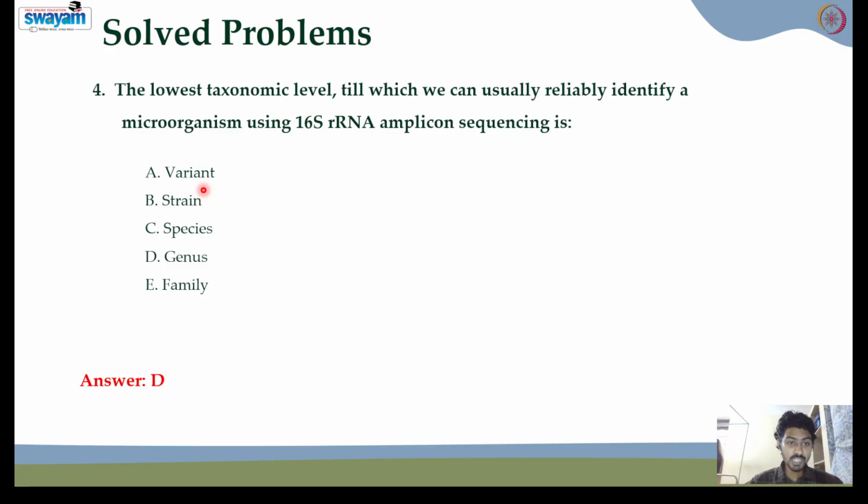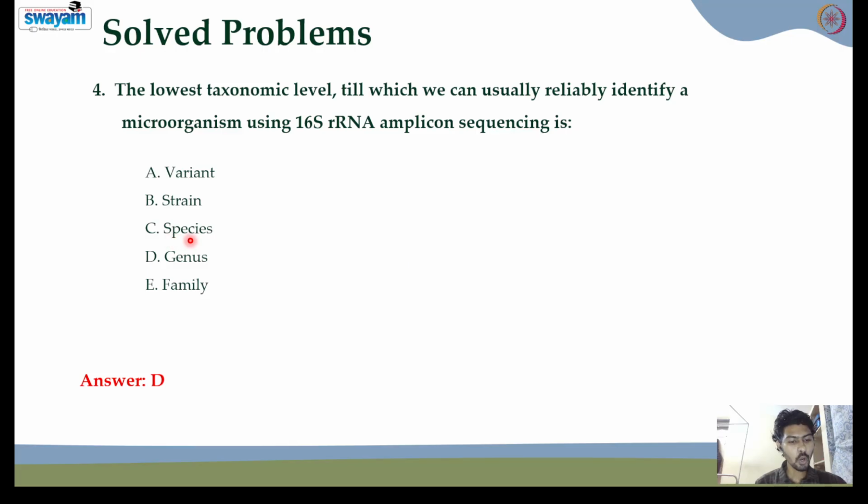So 16S rRNA amplicon sequencing doesn't provide the resolution to distinguish specific variants among the strains. So that's why 16S cannot tell and identify the microorganism. And with strain, it also lacks the resolution for identification at the strain level.